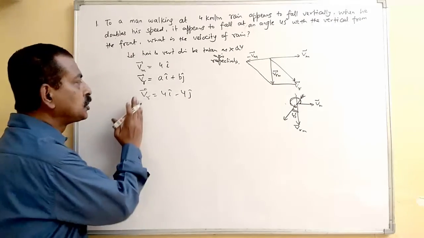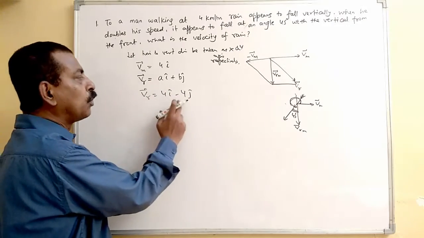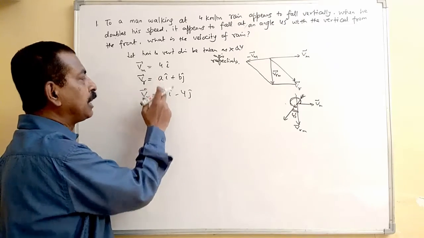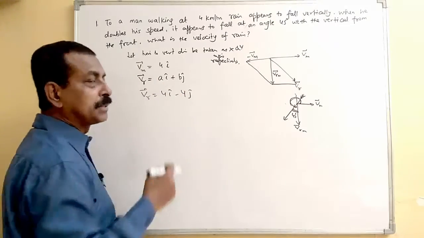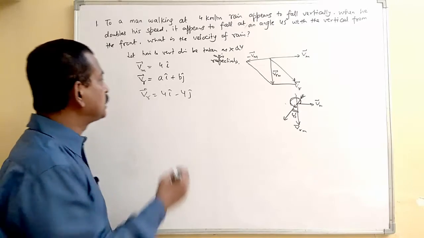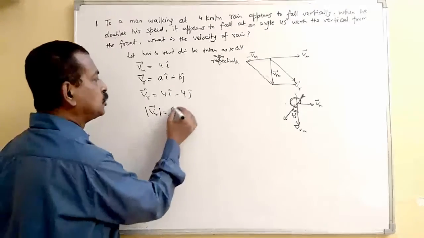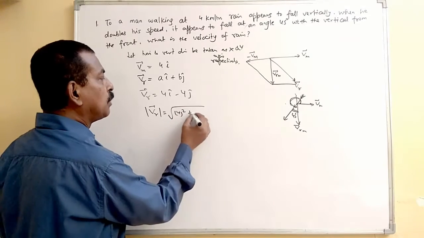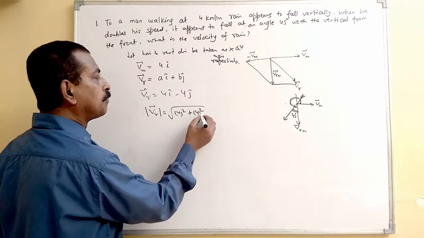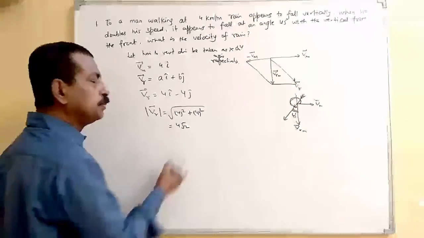So velocity of rain, we have got it as 4i minus 4j. That means value of a was 4, and b we have obtained as minus 4. So if it is asked what is its speed or magnitude, it is root of 4 square plus 4 square, and that is 4 root 2.